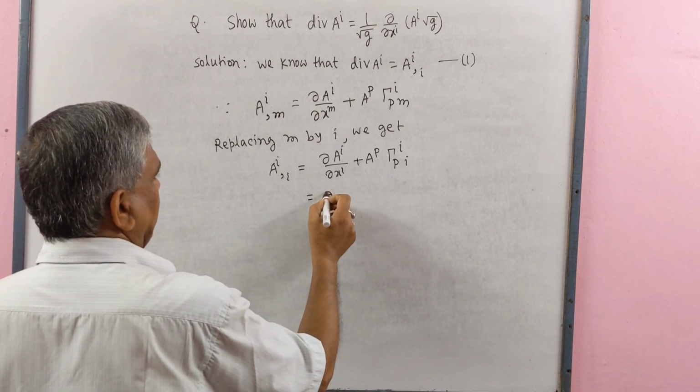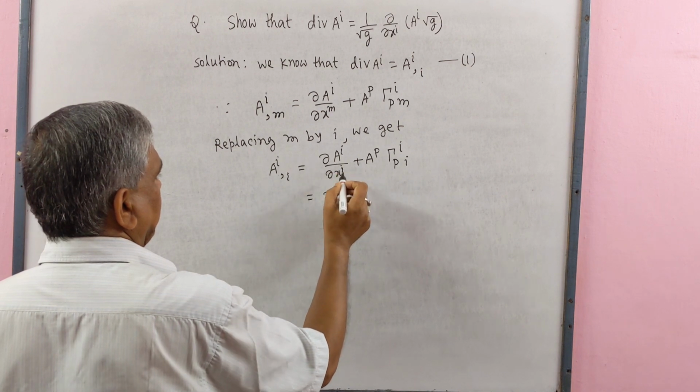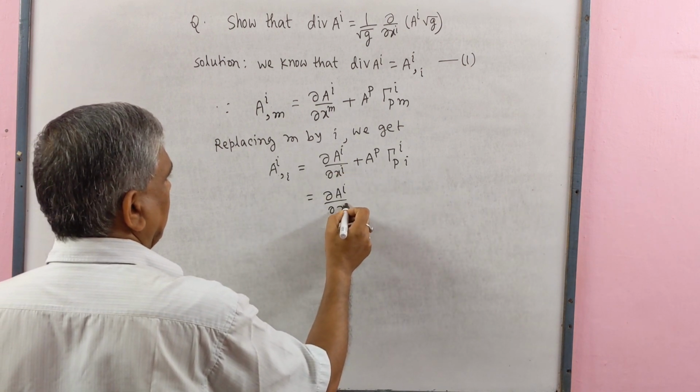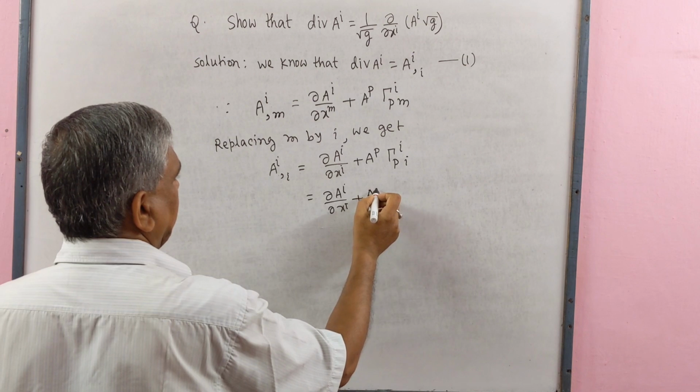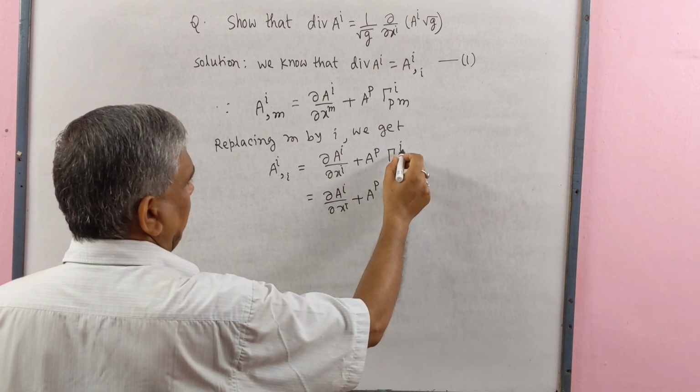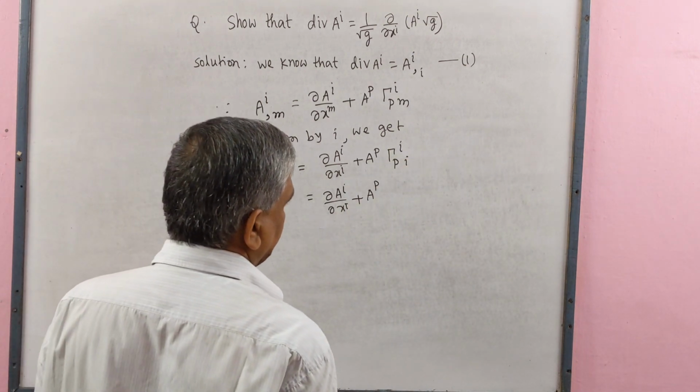This equals del A^i by del x^i plus A^p. This is equal to, with i as the dummy suffix here.